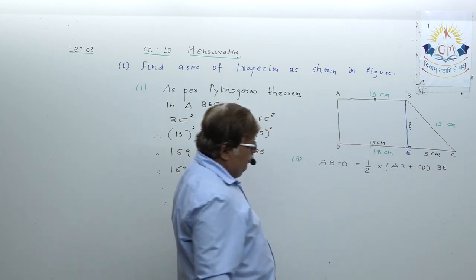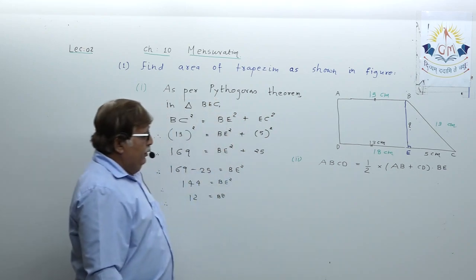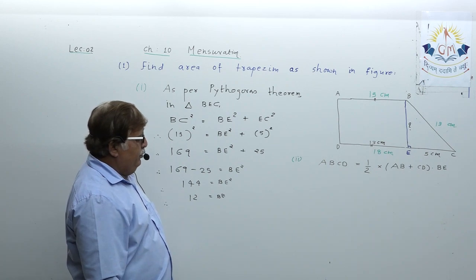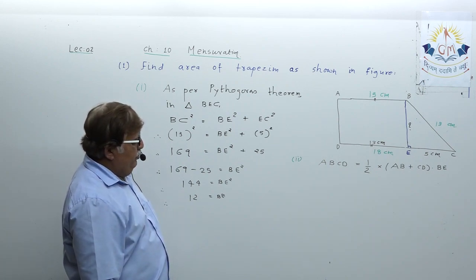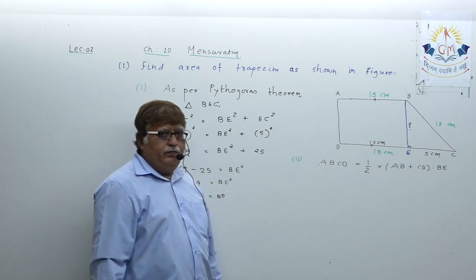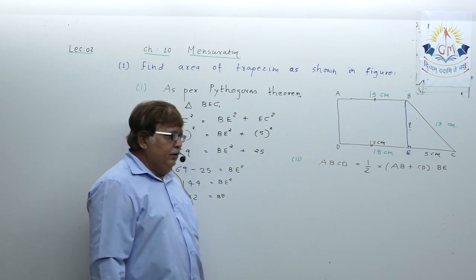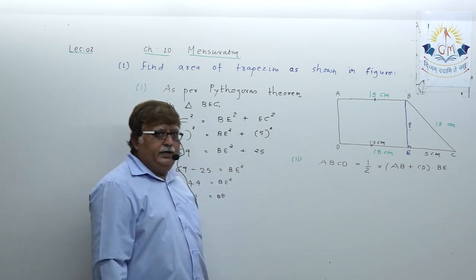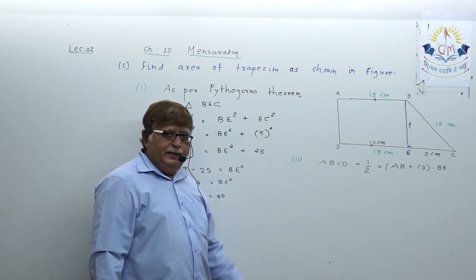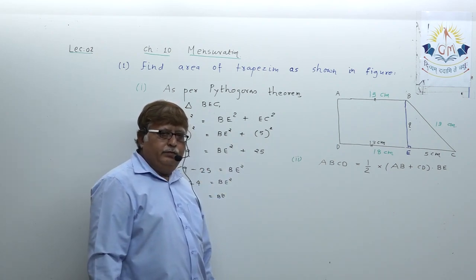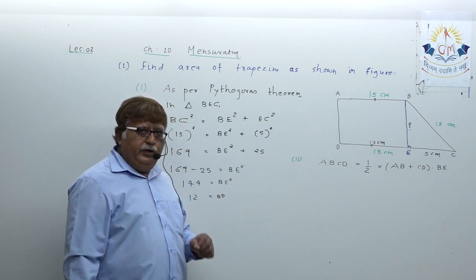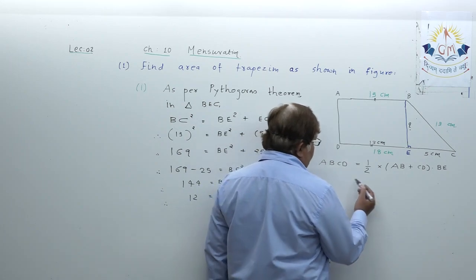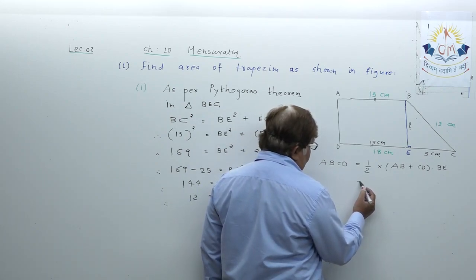Understand the data properly, dear student. In the previous example which we revised in our lecture number 1, there were 4 steps involved. Here only 2 steps. First step is to find the altitude, that means the distance between the two parallel sides, and the next step, quite simple, area of trapezium.